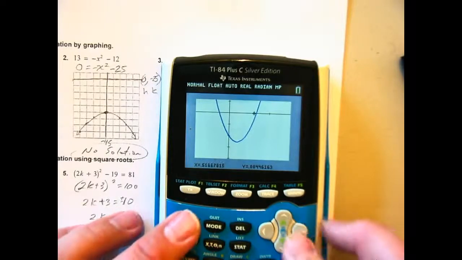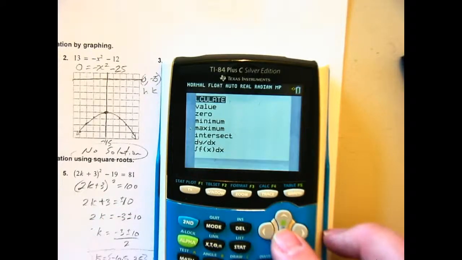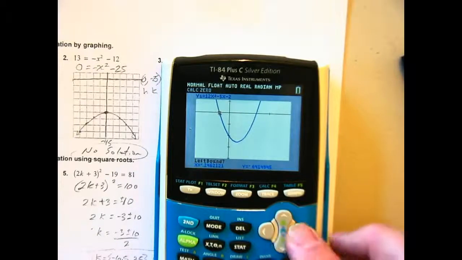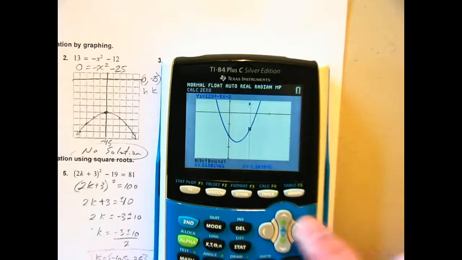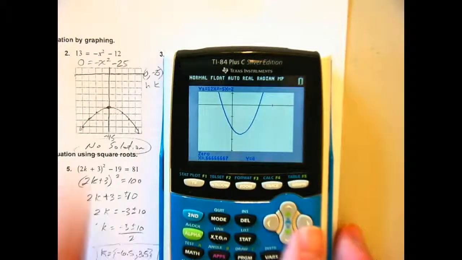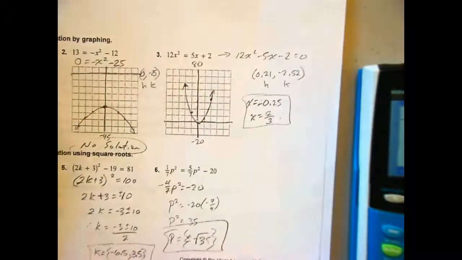Then if I calculate my other 0, doing the same thing, go left bound to the left of this 0 right here, right bound up there, and calculate. It's positive 2/3. Okay? A quick review on how to use the calculator there.